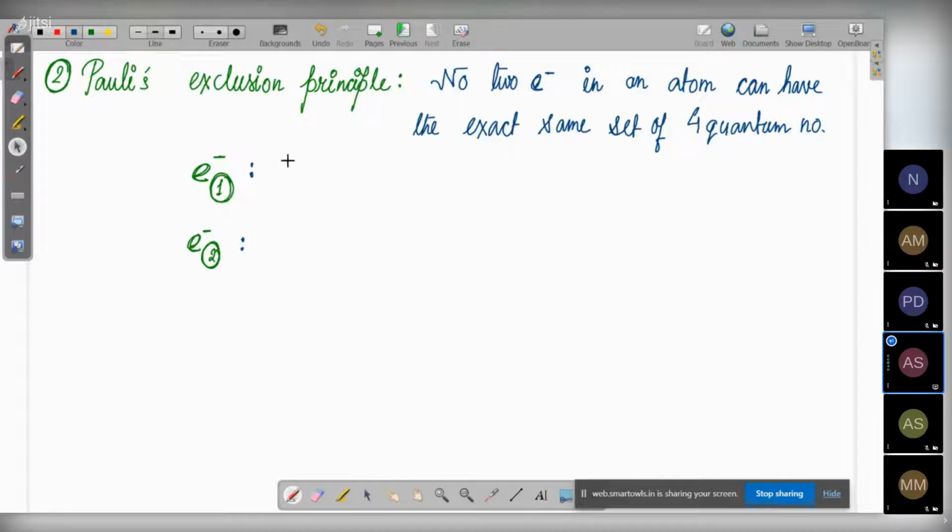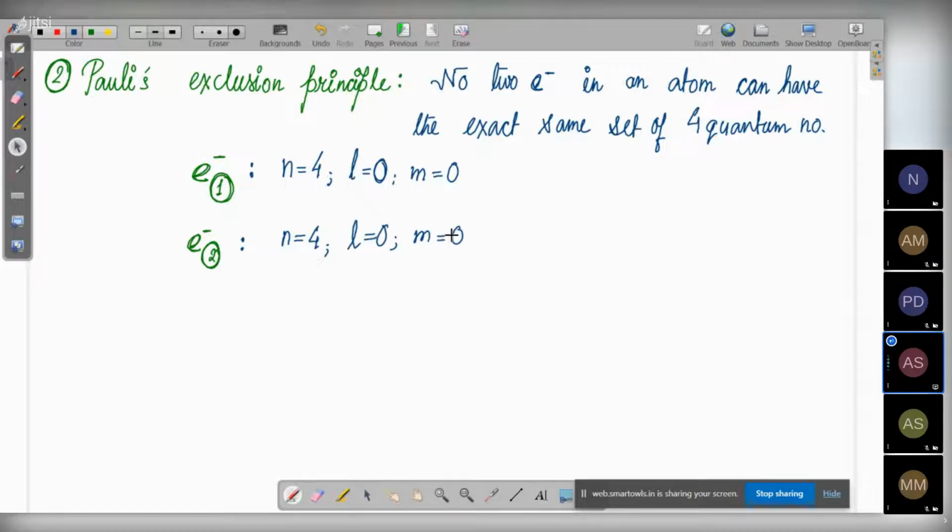What do electron number one and two represent? Suppose here the principal quantum number value is 4. The value of l is 0, that means s subshell, and m is also equal to 0. Here also the value of l is 0 and m is equal to 0.